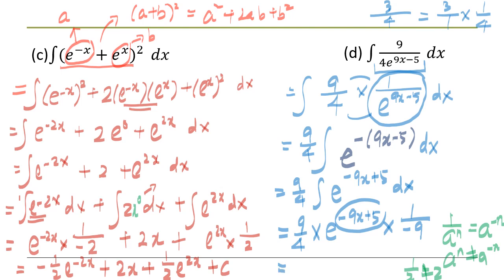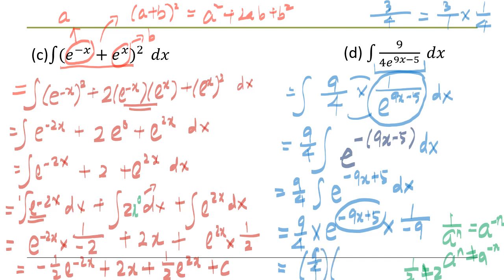Okay, so now we can put them together. So we will have 9 over 4 times negative 1 over 9. Wait, I think I don't like the way I write it. So we just put them together. I think we put brackets better. So it's 9 over 4, bracket it.